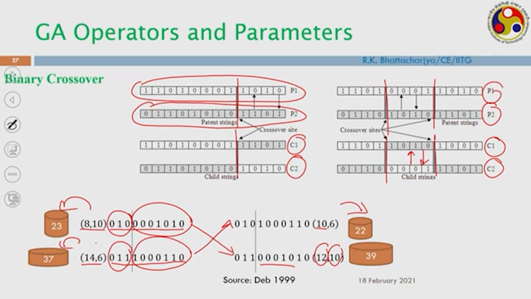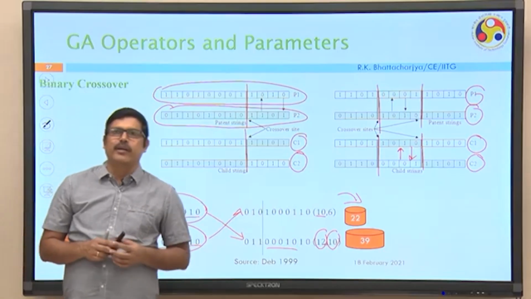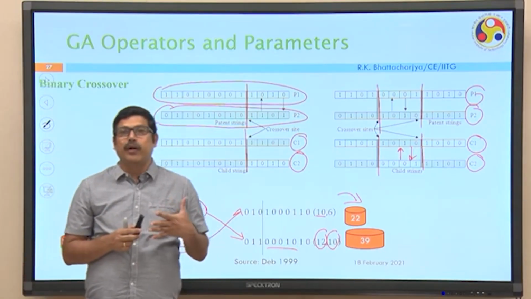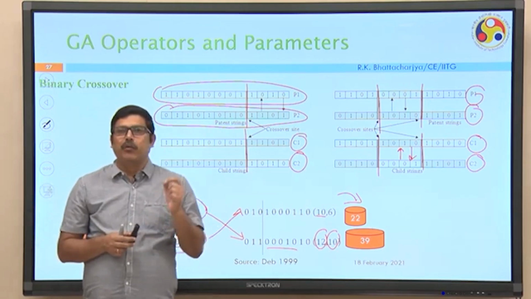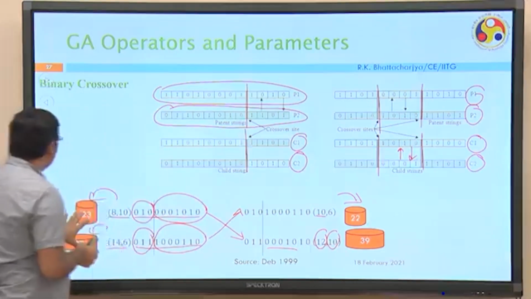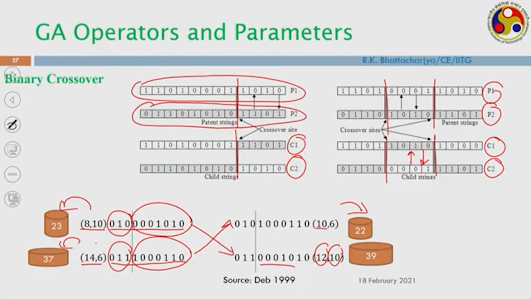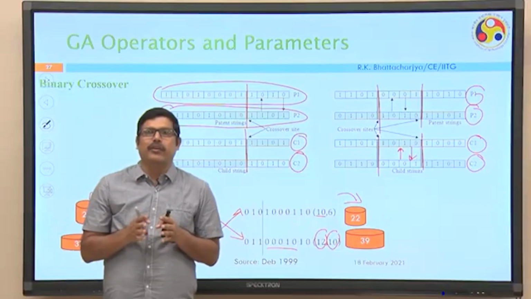Okay. So, you just see, you have applied crossover, and in this case the parent objective function values are 23 and 37, and here you are getting 22 and 39. So, using crossover you are getting two new solutions, but look at these solutions. The earlier values were 23 and 37, and the new values are 22 and 39, so the objective function values are just near to their parents' values. So, you are getting solutions near to the parents.